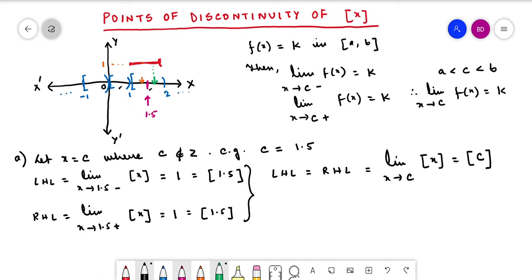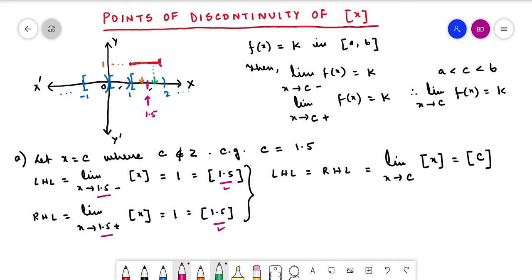That is exactly what we saw here. When we took c as 1.5, the left hand limit is box 1.5, and the right hand limit for 1.5 is also box 1.5. Now if we generalize this, instead of 1.5 we take any non-integer value c, then the left hand limit will be equal to the right hand limit, and hence the limit exists, and the value of the limit is box c, which is also equal to the value of the function at c.